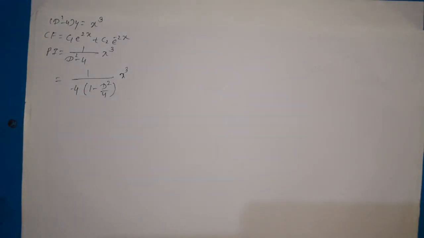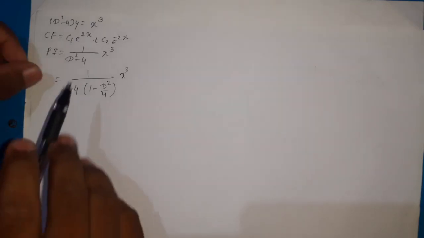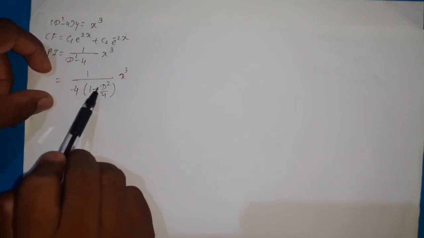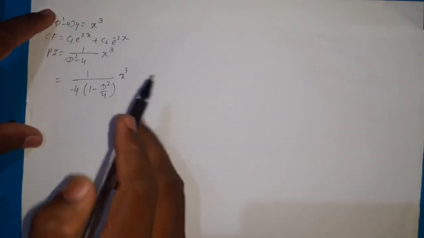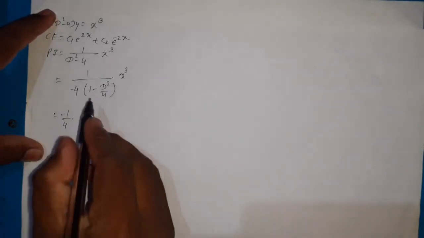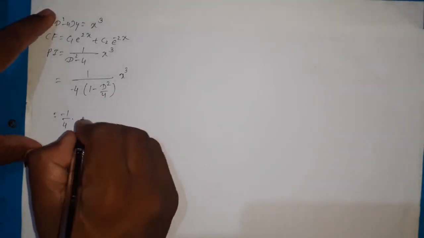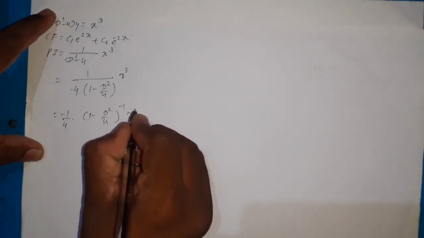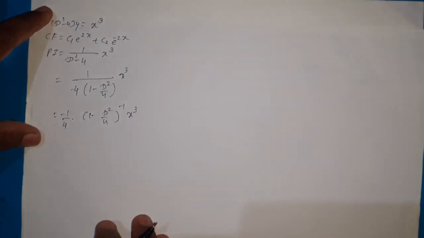So by taking that minus 4 outside, the remaining term will take the form 1 minus D square by 4, means here minus 4 becomes plus 1 and plus D square becomes minus D square by 4. Then it is minus 1 divided by 4, keep aside, then take this to the numerator, (1 minus D square by 4) whole power minus 1 x cube, right.